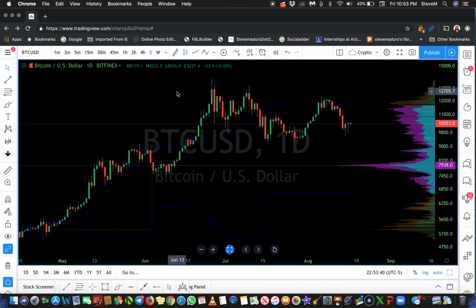But this is two different types of alerts I'm going to show you how to set, which is really cool. Before I do that, let me just say that I am not a professional master trader. I don't have any credentials in that. However, I have earned quite a bit of money in trading Forex and cryptocurrencies.